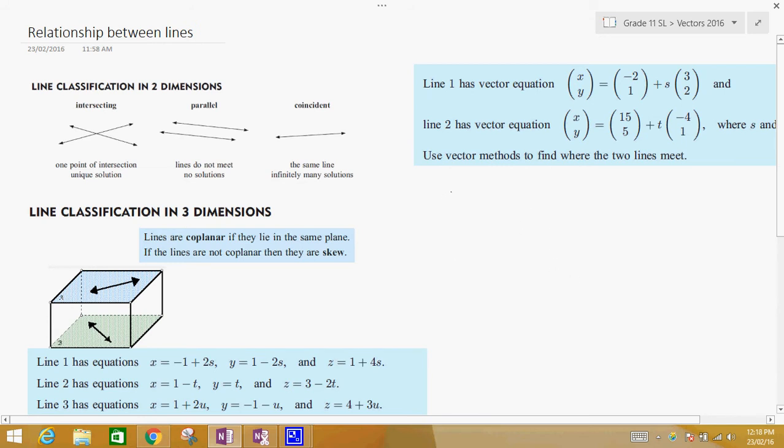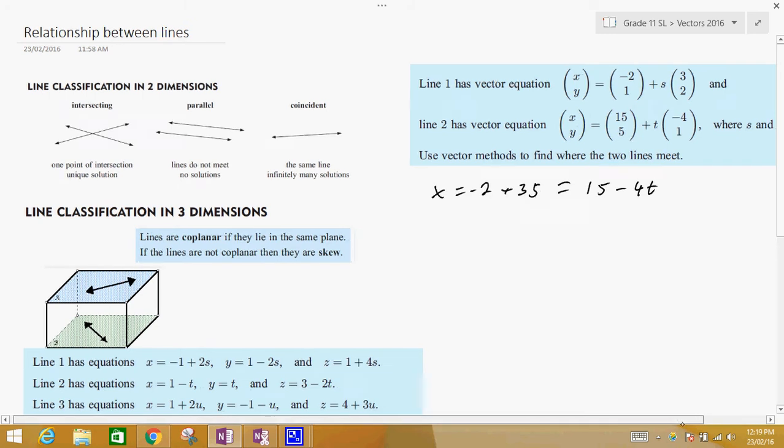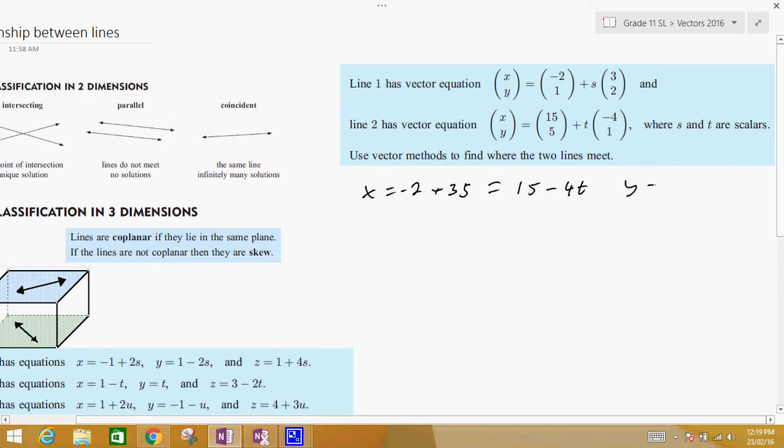We're going to make the x value, which equals negative 2 plus 3s, equal to the other x value, which is 15 minus 4t, and the y value as well equal each other. I'll put that here. y is equal to 1 plus 2s, which is also equal to 5 plus t.